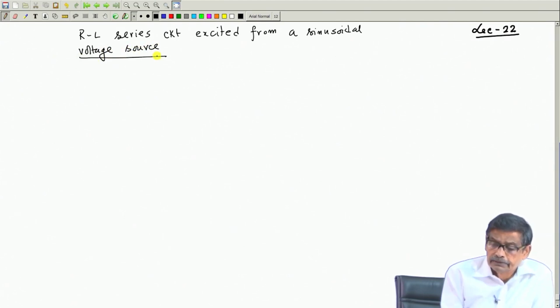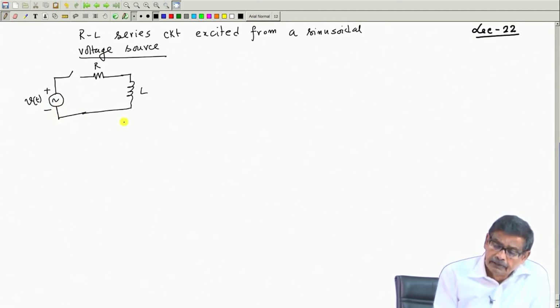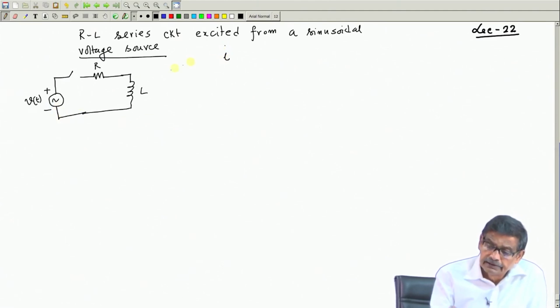And so, the thing is like this: R here, inductance in series L, and here is a source which is time varying, V t is the voltage source, and I 0 minus, this is the current I want to solve, I as a function of time, and I 0 minus is equal to 0.